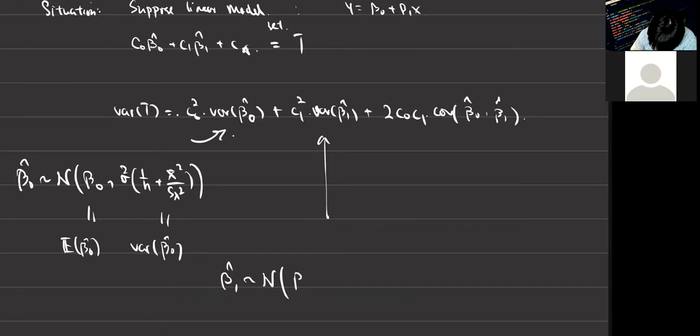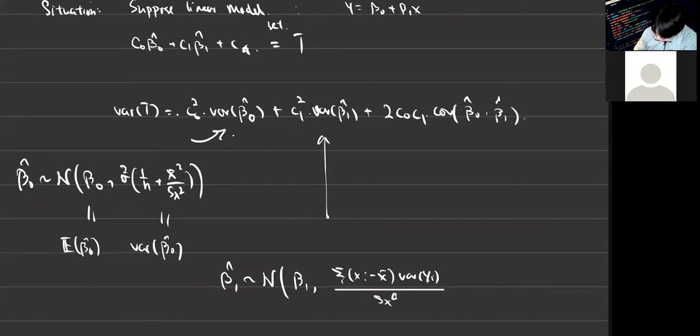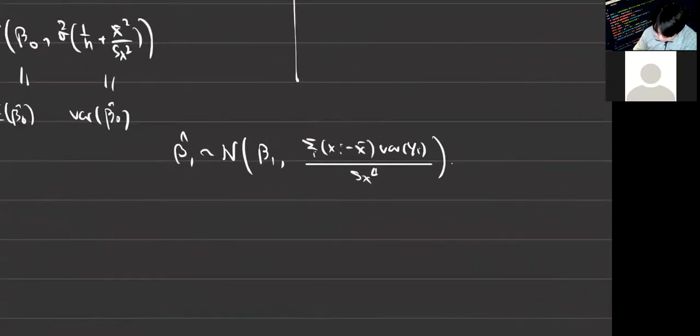That is beta 1, the same because it's unbiased. And here we have the summation of xi minus x bar, squared, times the variance of yi, over sx4. Oh, I'm sorry, I forgot a square here.